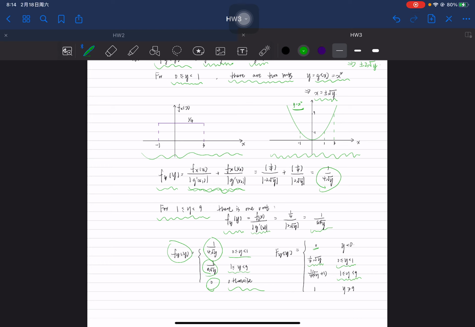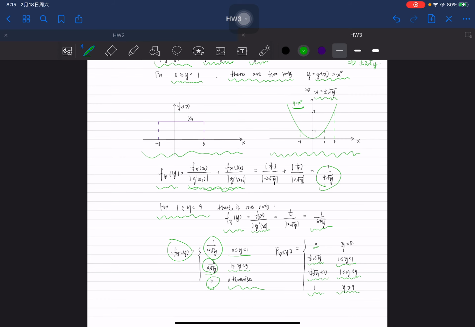When y is in the range of 1 to 9, it should equal 1/4 times square root of y plus 1. When y is greater than or equal to 9, it should equal 1.